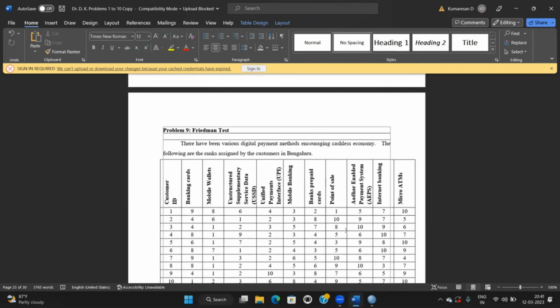That's all. In the parametric test, there are 2 types, t-test and ANOVA. T-test is divided into 3. One sample t-test, independent samples t-test, and paired samples t-test. ANOVA is divided into 2, one-way ANOVA and two-way ANOVA.